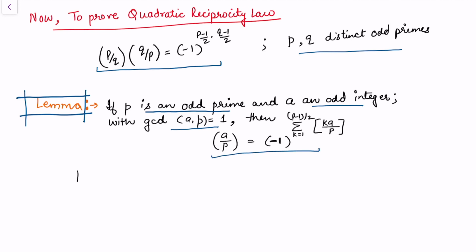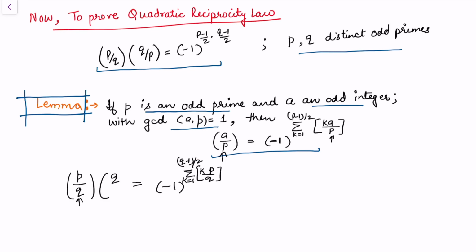Now suppose a is p, so this value is p by q, and I apply this lemma, so this value is minus 1 to the power summation, because in the denominator here it is q, so this q goes here, it is p, so this means k p by q. This quantity will come here inside the greatest integer function, and k moves from 1 to q minus 1 by 2 because of the denominator.